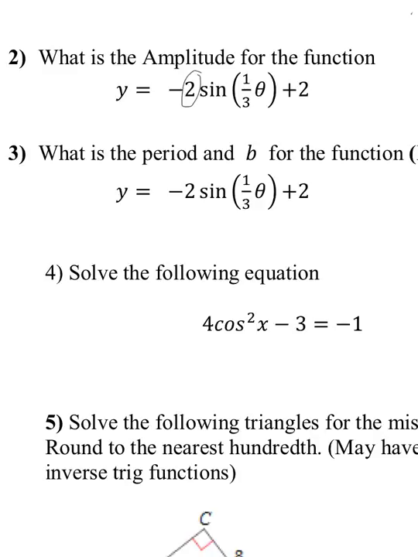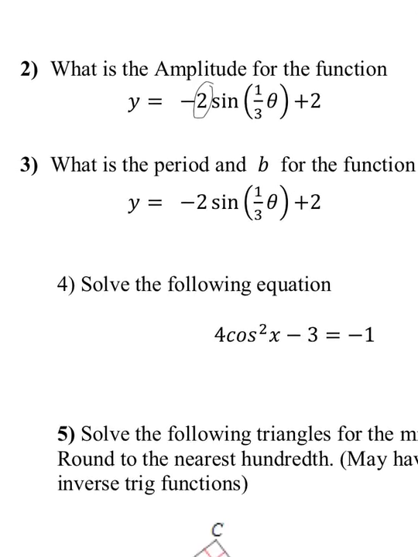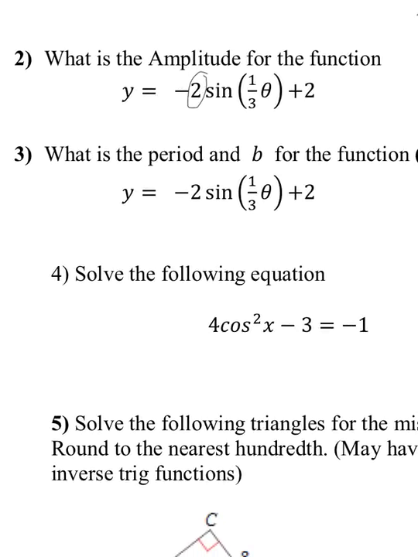So we're going to use our formula 2 pi divided by b. In this case, b is 1/3. Well, now I have a number divided by a fraction. So in order to simplify this, we're going to have to multiply by the reciprocal. So we'll have 2 pi times 3. So our period is going to be 6 pi.